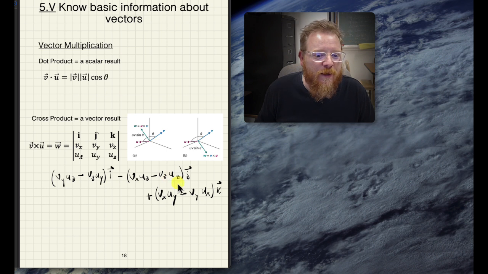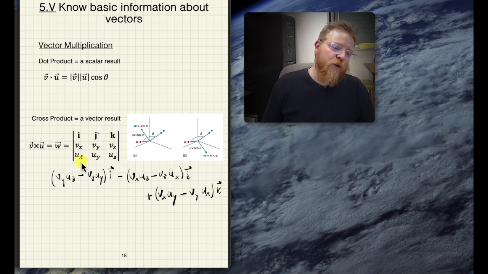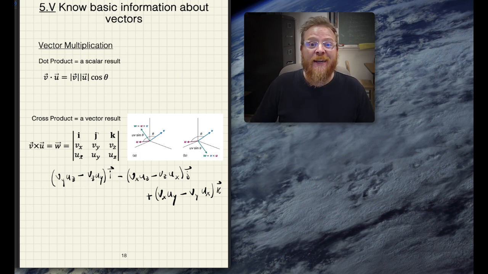Aha, I knew I was going to make a mistake in there somewhere. Maybe you caught that one already. Okay. And then now finally, unit vector K goes over to the left-hand side of this matrix. So that's going to be Vx times Uy minus Vy times Ux. Okay, brilliant. So we are going to apply that to our content in the next video.